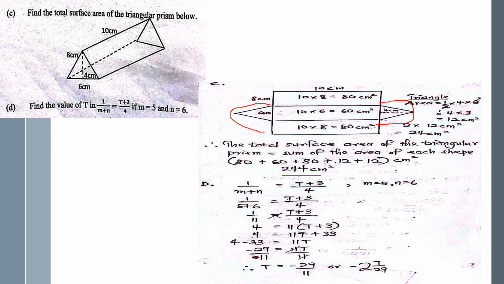So t will be equal to -29/11, or -2 whole number 7/11. Sorry about that.